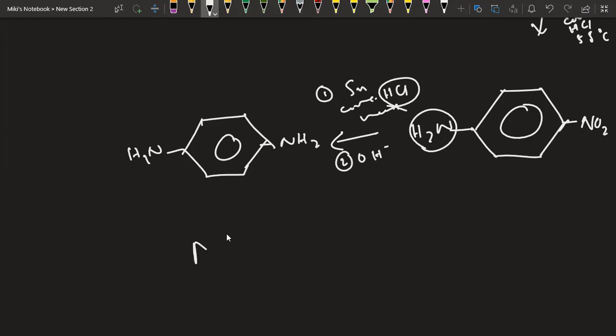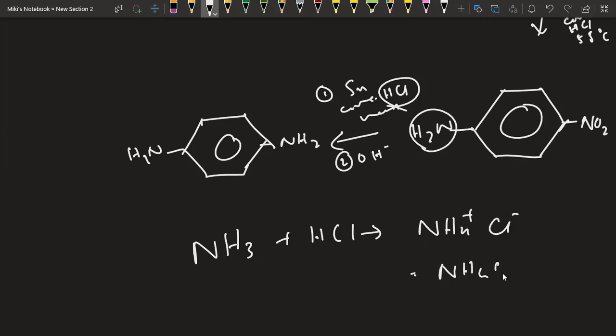If we have NH3, what happens? NH3 and HCl form NH4 plus and Cl minus, that means NH4Cl is formed. Similarly, I drew NHCl, but it shouldn't be that.